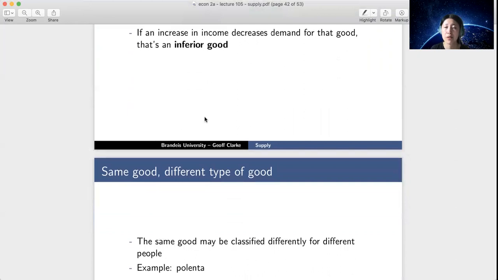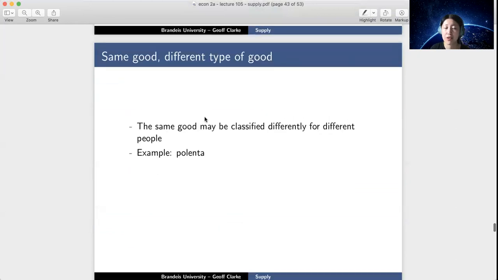But be careful with the simple definition. There can be some considerations adding on. The same good may actually be classified differently for different people. Let's take polenta for an example.